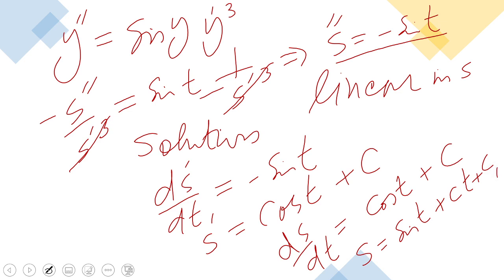So the solution in the new coordinate is s is equal to sine t plus ct and plus c1. This is the solution in the new coordinates s and t.